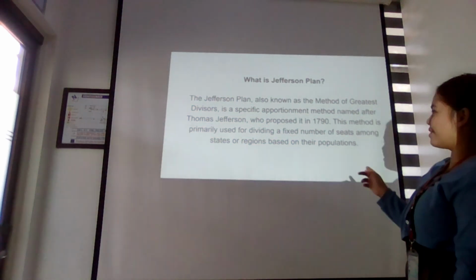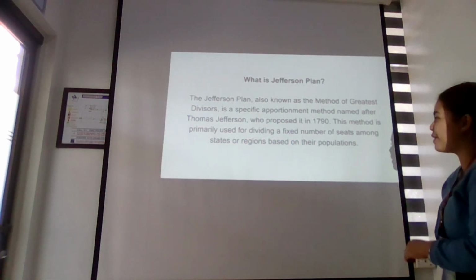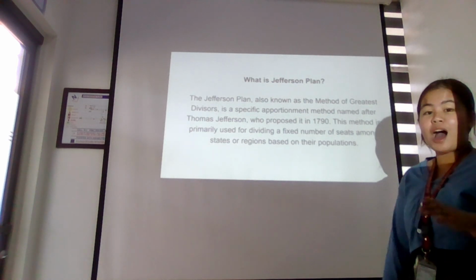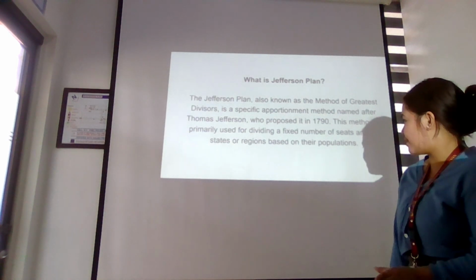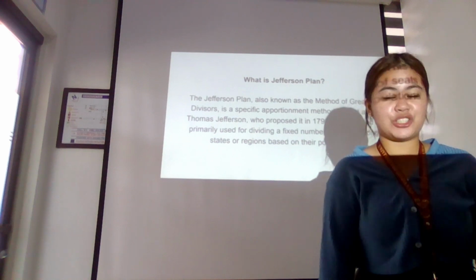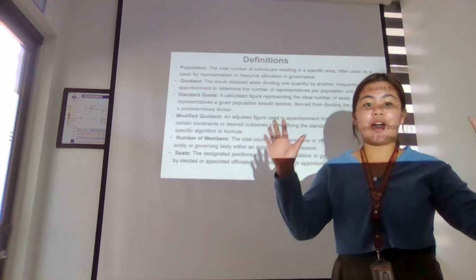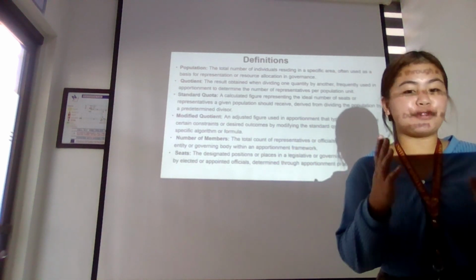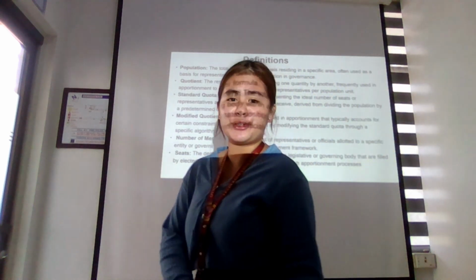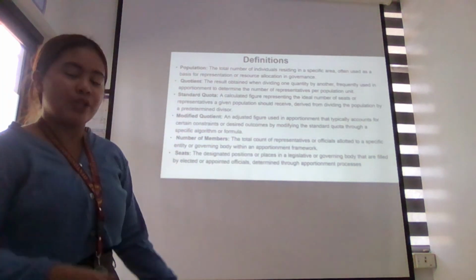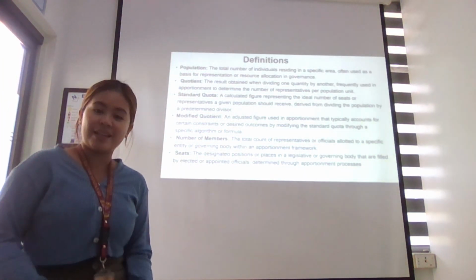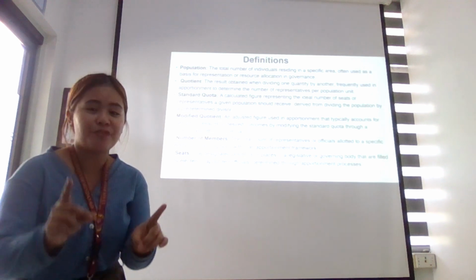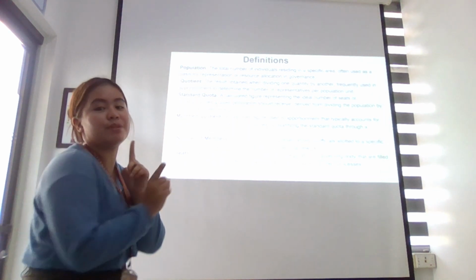This method is primarily used for dividing a fixed number of seats among states and regions based on their population. Throughout this topic, here are the definitions of terms that we're going to encounter in this video. To lessen your confusion, let us first define what these terms mean.